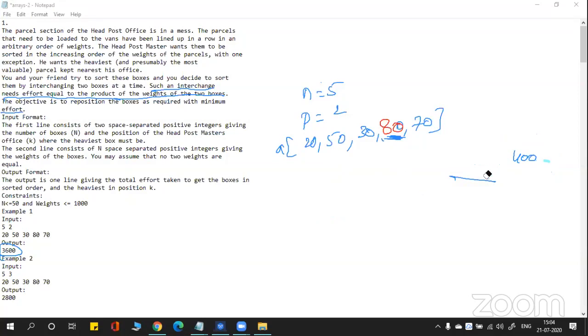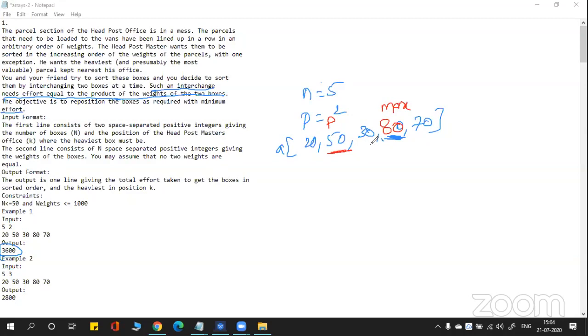Now clearly observe. If I want to get a minimum value, this is the position and this is the maximum element. So this is position, this is max.